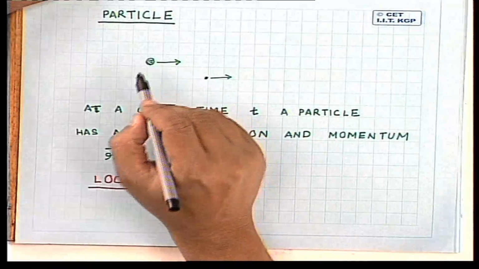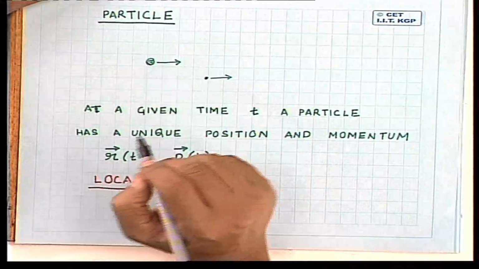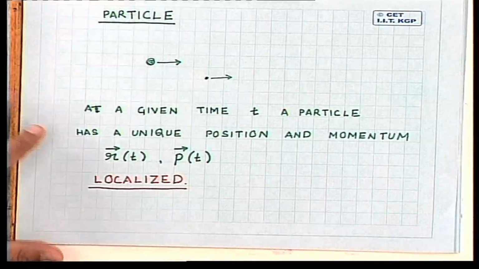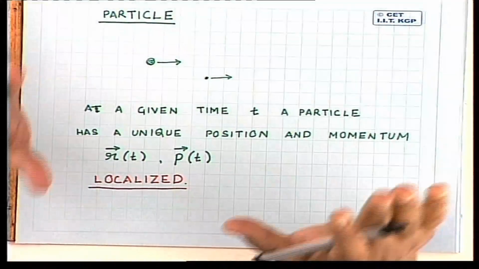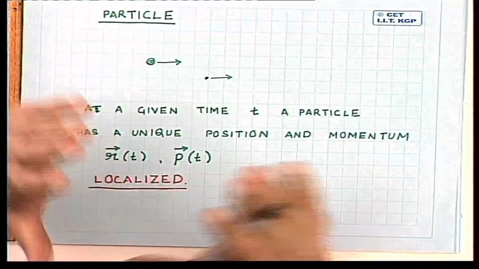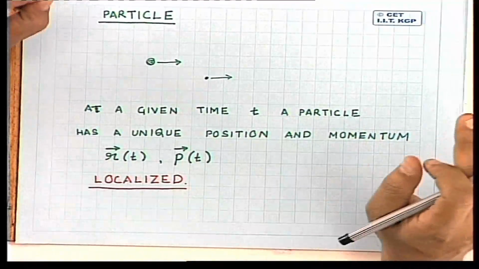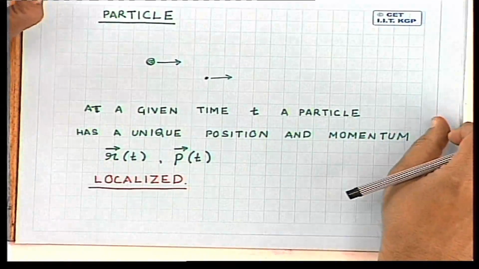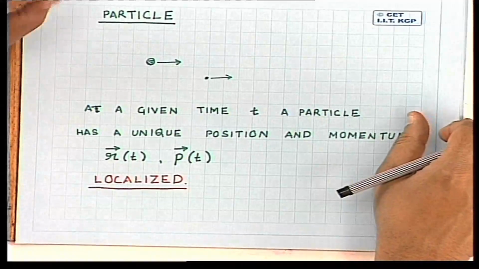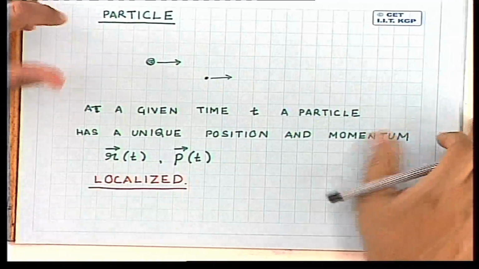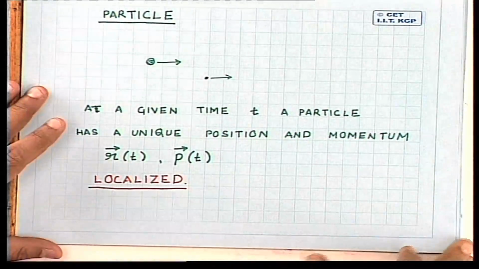It is there only at one point in space, and it has a unique velocity or momentum. So, the main difference which you should keep in mind is that a wave is an extended quantity, whereas a particle is a localized quantity. A particle exists only at one point at a given instant of time, whereas a wave is something which is distributed over a region of space.